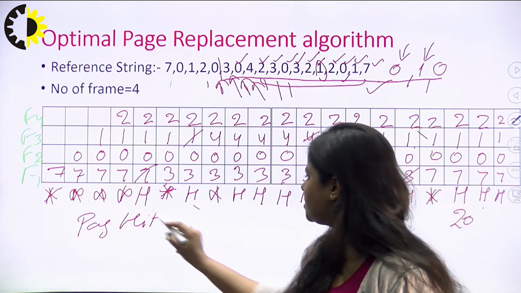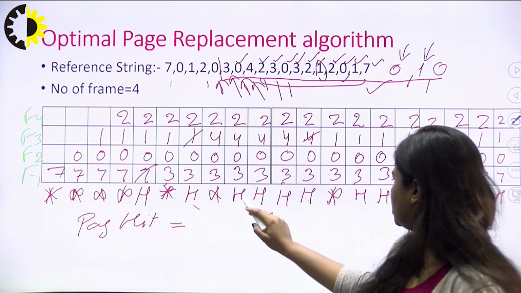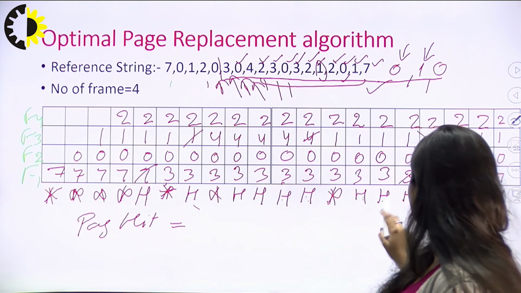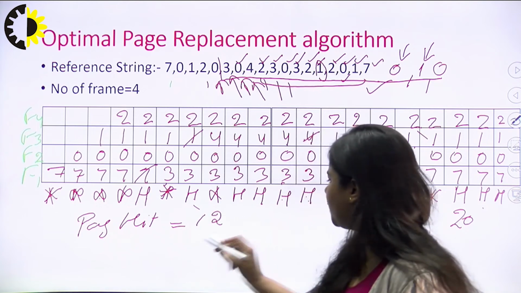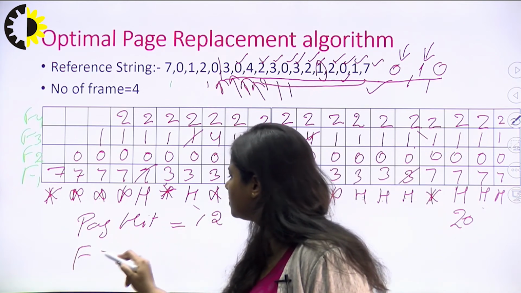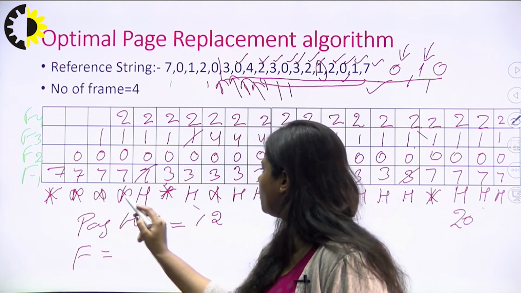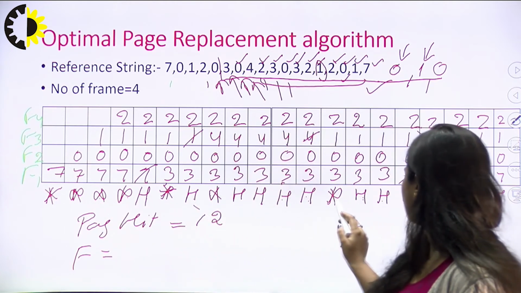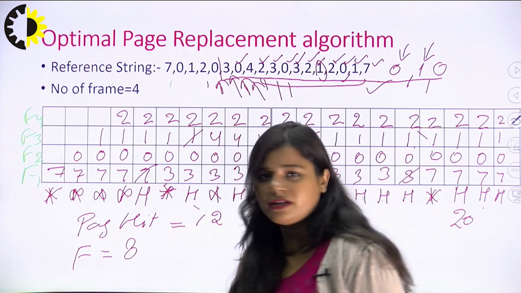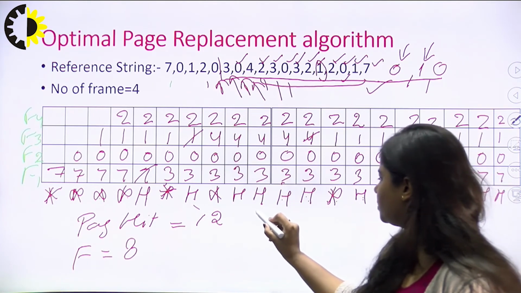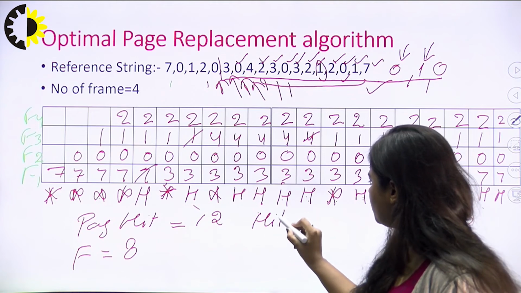Here page hits are 1, 2, 3, 4, 5, 6, 7, 8, 9, 10, 11 and 12. And page faults are 1, 2, 3, 4, 5, 6, 7, 8. And you know the formula, so find the hit ratio.